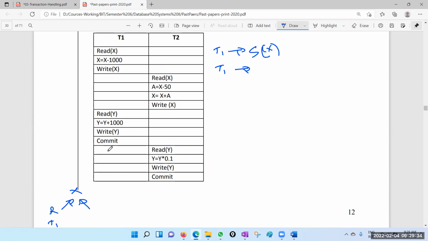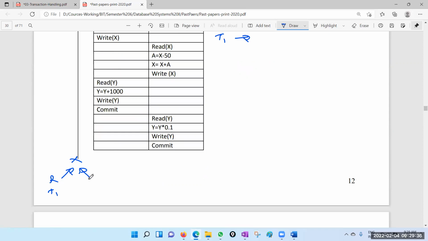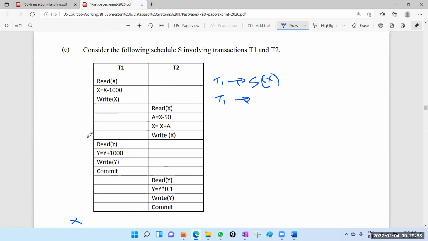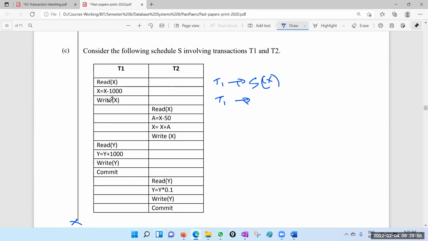Let's call them shared and exclusive, because it's easier for us. Shared lock means read lock, exclusive lock means write lock. Now transaction 1 has the shared lock, and it will upgrade it to an exclusive lock.